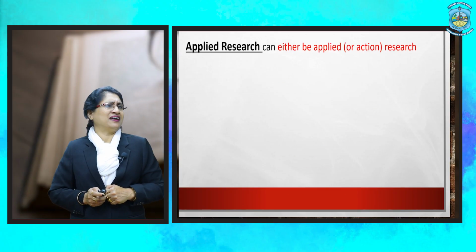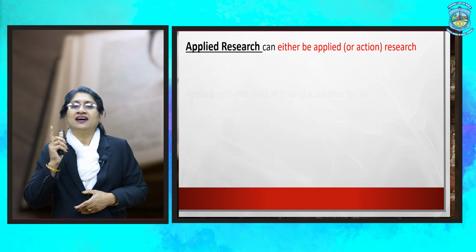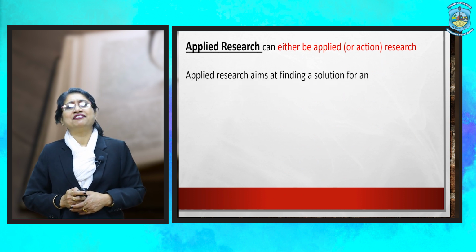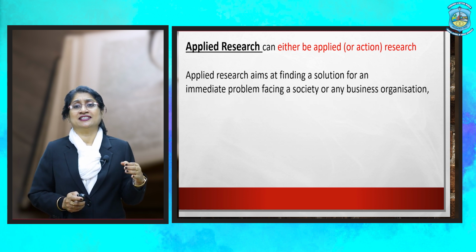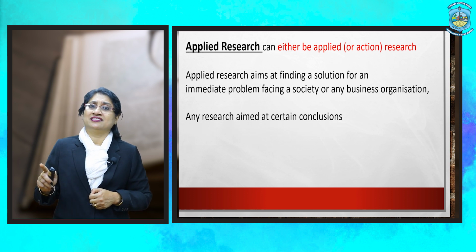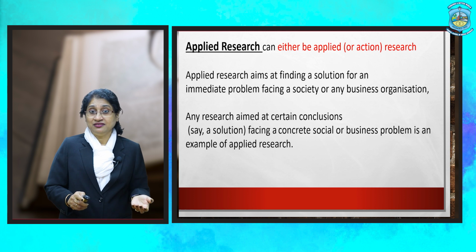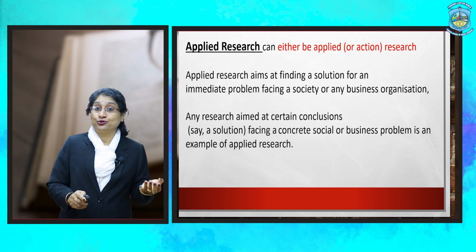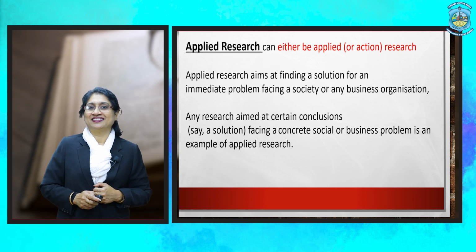Applied research can either be applied or action based research. Applied research aims at finding a solution for an immediate problem facing a society or any business organization. Any research aimed at certain conclusions, say a solution, facing a concrete social or business problem is an example of applied research.